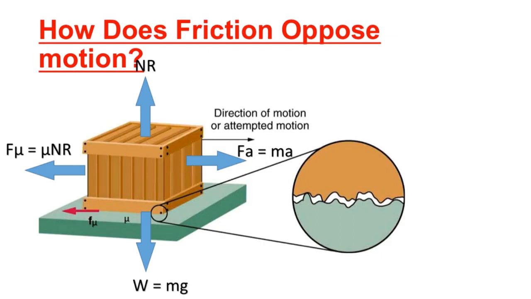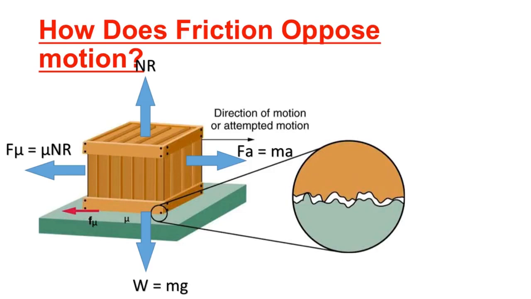Remember, the applied force is that force which is required for the object to move from one place to the next. And then there is frictional force. Frictional force needs at all times to be less than the applied force for the object to move. Now, if we have a scenario where the frictional force is greater than the applied force, then unfortunately our object will not be in motion.